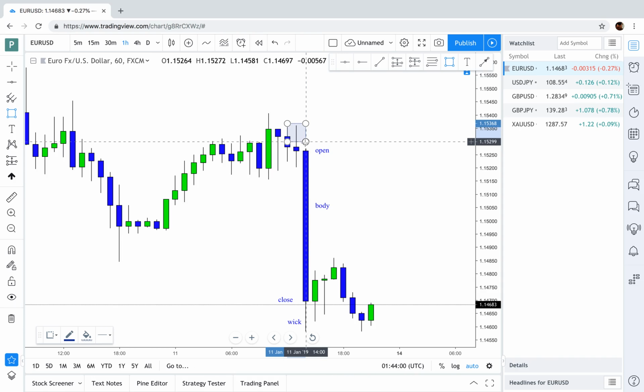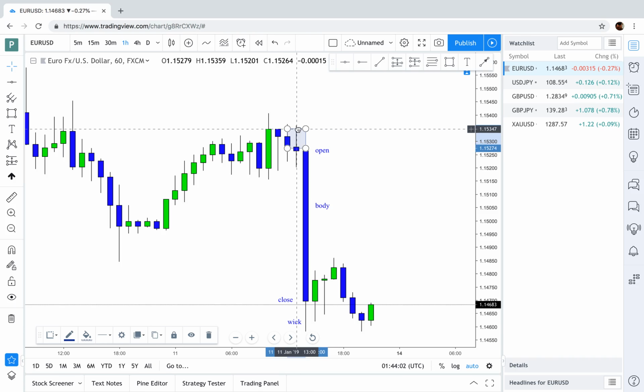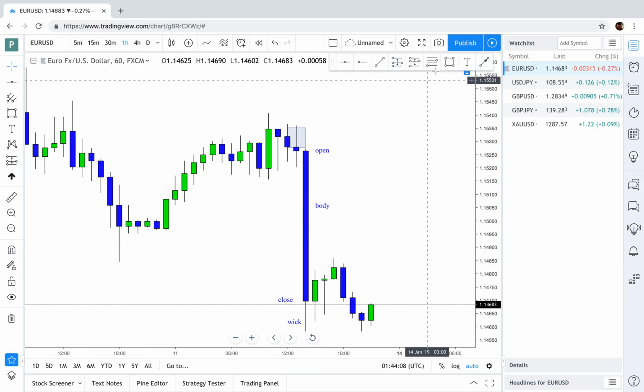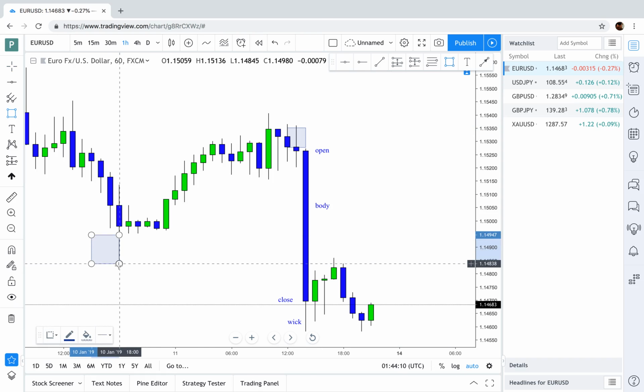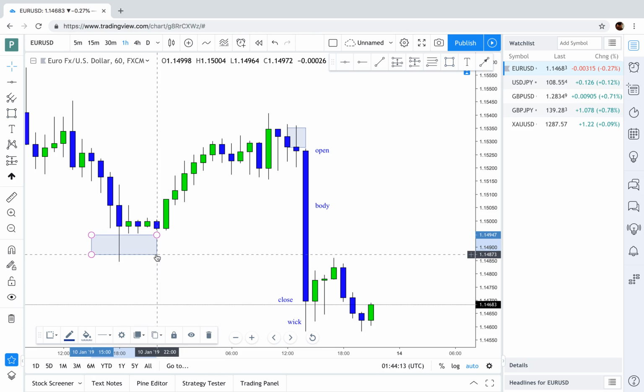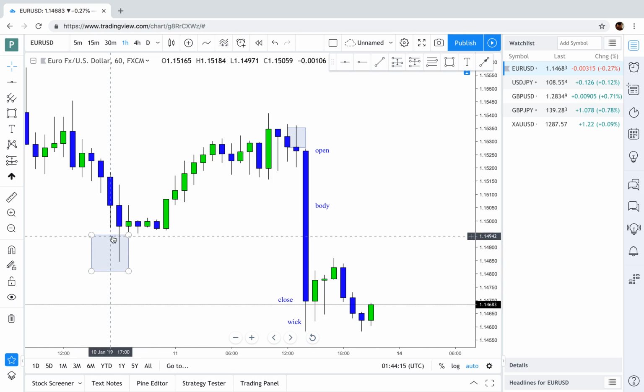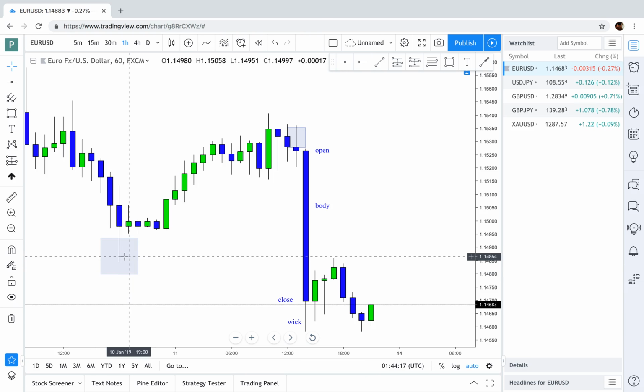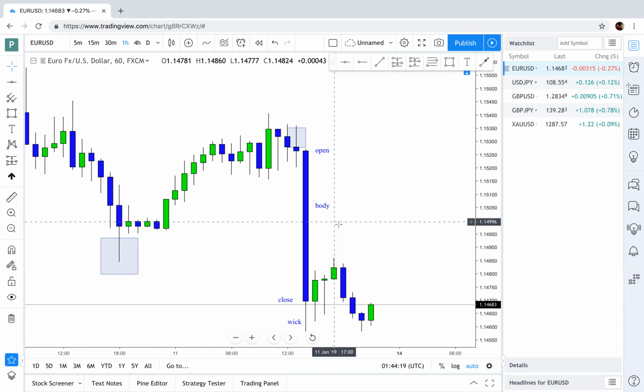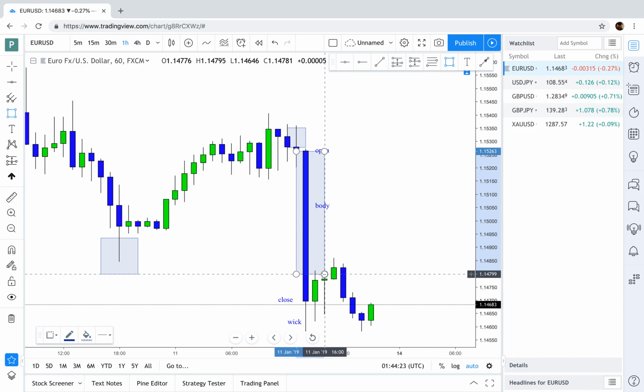TradingView is going to be kind of weird with my mouse, but I just want you to focus on this small pencil line. That's what's called a wick. This down here is a wick. This is a wick. So the portion where it's very skinny and small, that's a wick. And the main portion, which is really the meat of the candle, is called the body.